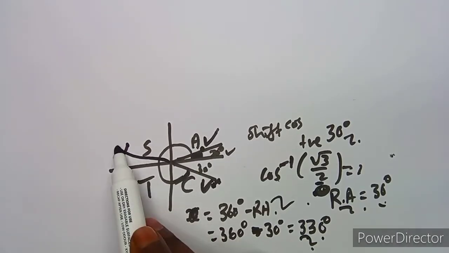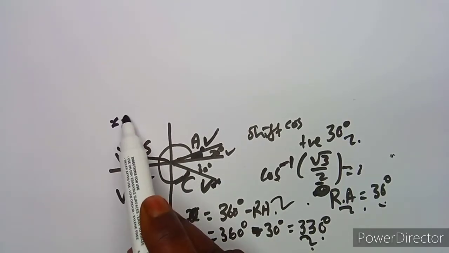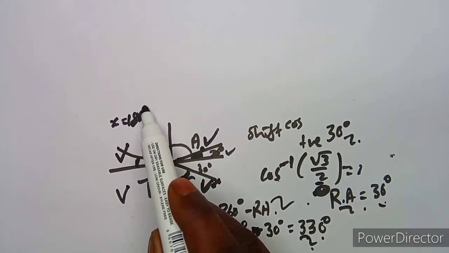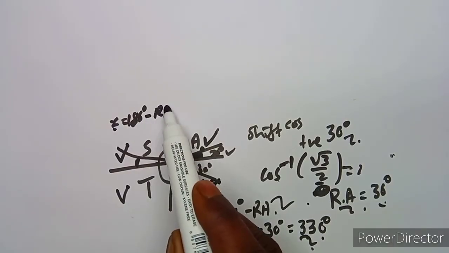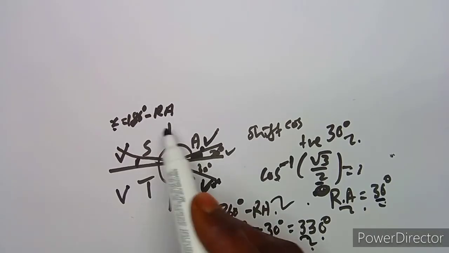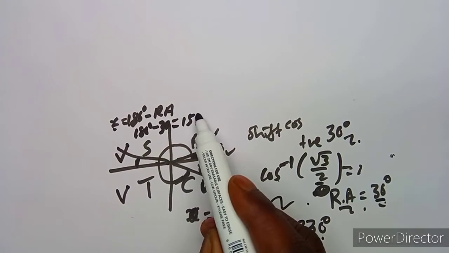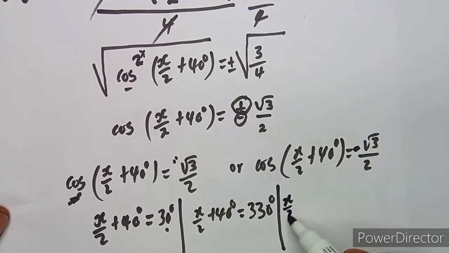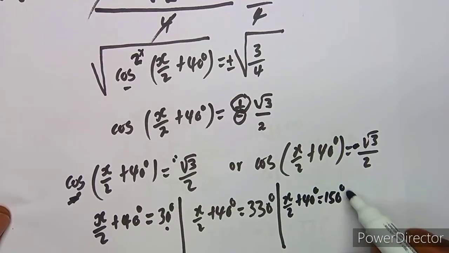In the second quadrant, we know how we calculate this. The actual angle x is going to be 180 minus the reference angle, so 180 minus 30, which is going to give us 150 degrees. So here we are going to have x over 2 plus 40 degrees equal to 150 degrees.